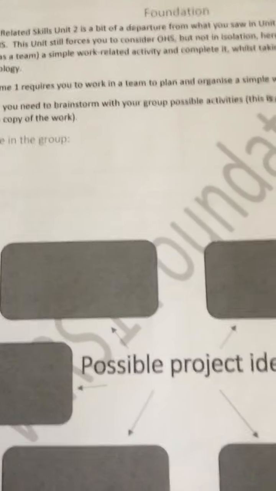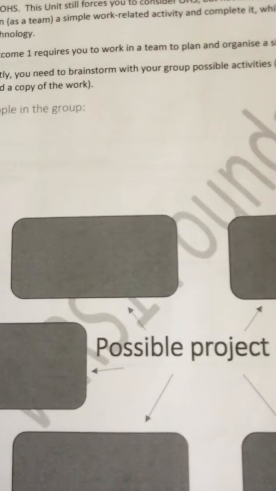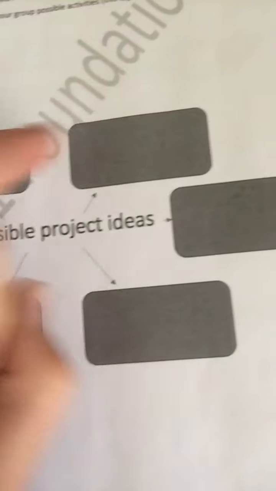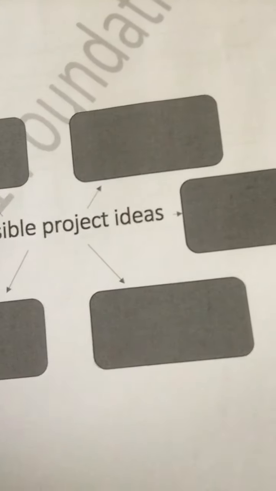Page 1 to 4 is you doing some project brainstorming. Here, it does say that you're meant to work in a group, but feel free to make this group people at home if necessary. And you're meant to come up with possible project ideas. They're entirely up to you, but come up with them.